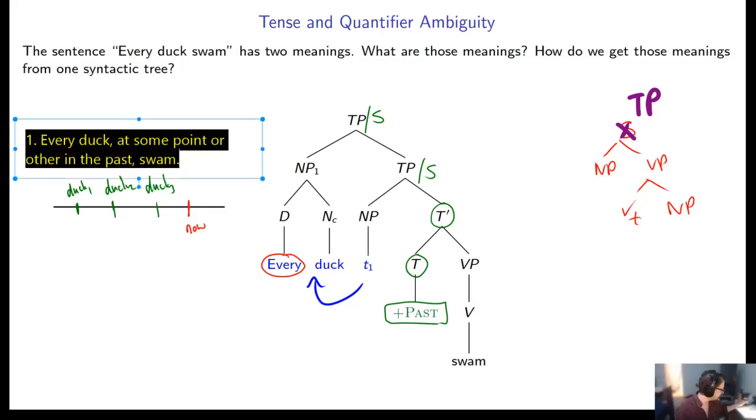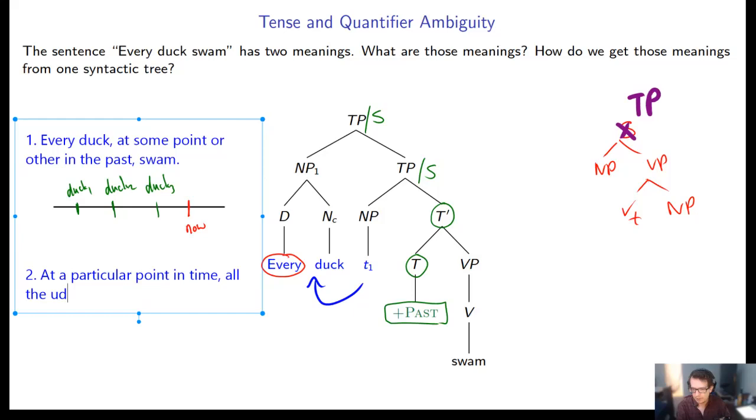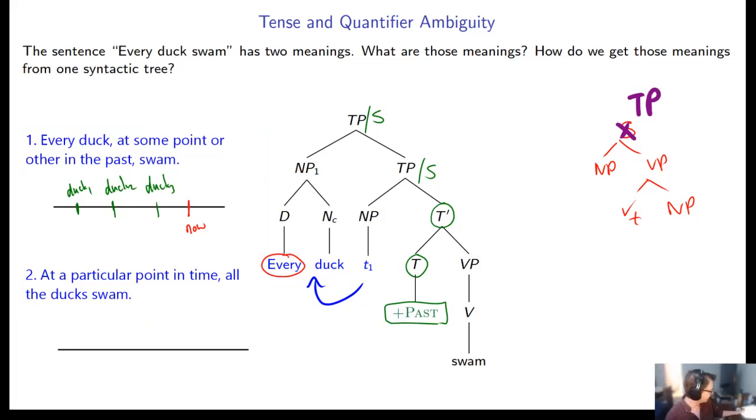But there is a second meaning that we can have here. We can say at a particular point in time, all the ducks swam. That is another possible interpretation of this sentence. It's probably not the one that you go for in your head, but there are some situations where you might think of that one.